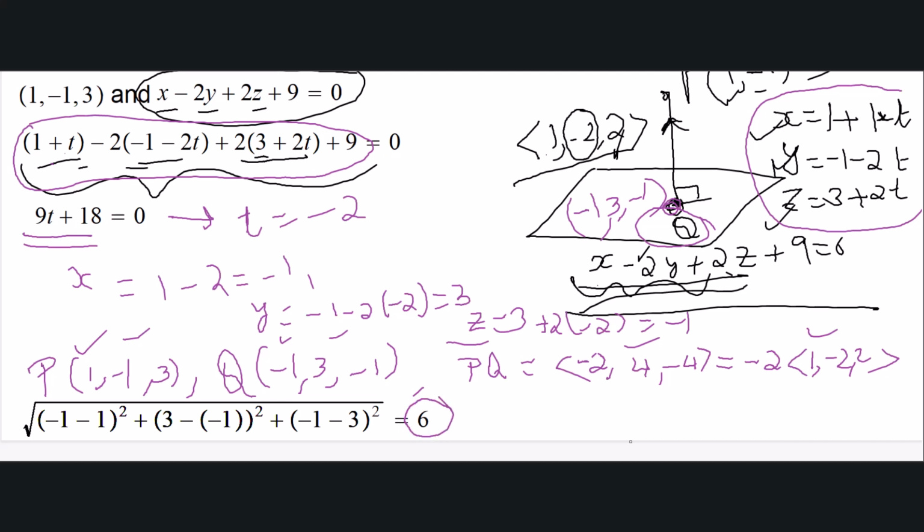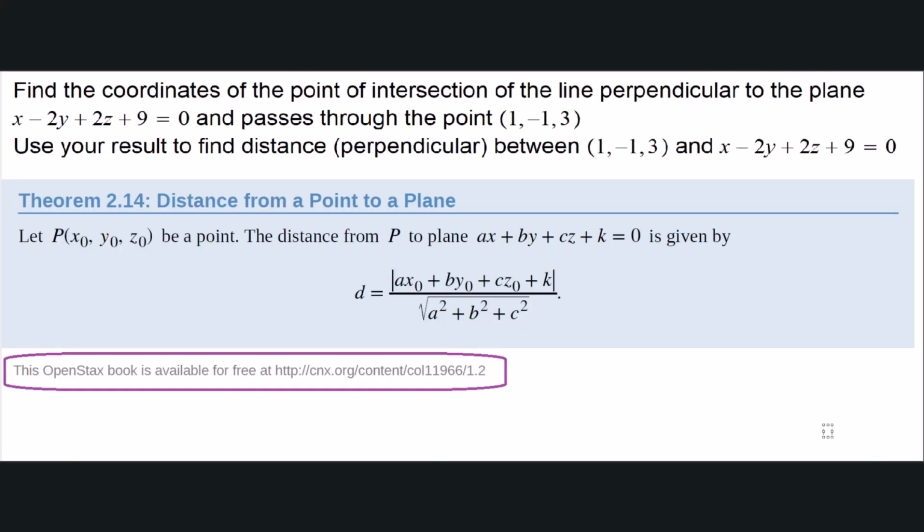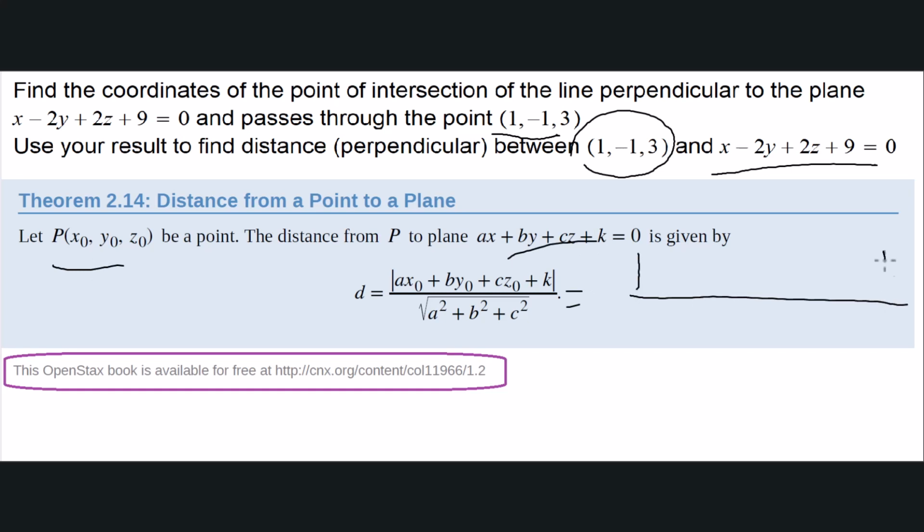6. Now, along these lines, you can derive a formula that you saw in the book for the distance of a point from a plane. Here I just rewrote the question for you. We want the distance between this point and this plane. If you apply this here, A is 1 and the x0 coordinate of the point is 1, so we will have a 1.